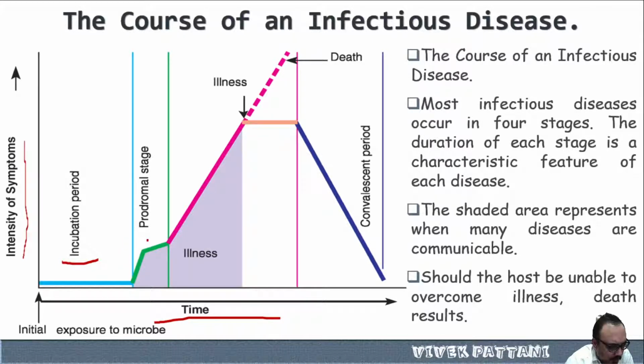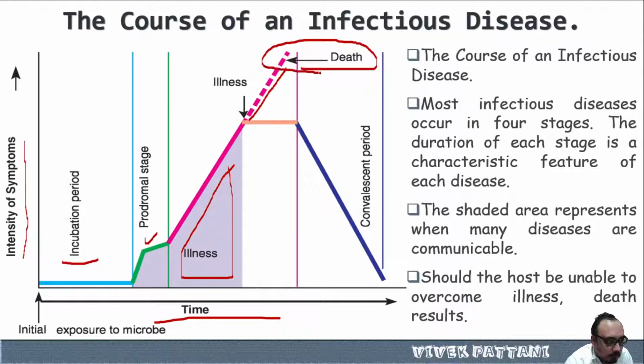In the prodromal period, some signs or symptoms may appear, until the maximum number of signs and symptoms of a particular disease develops. This stage basically indicates illness, and the host defense systems are also working. If they are not working properly, it may lead to death also.